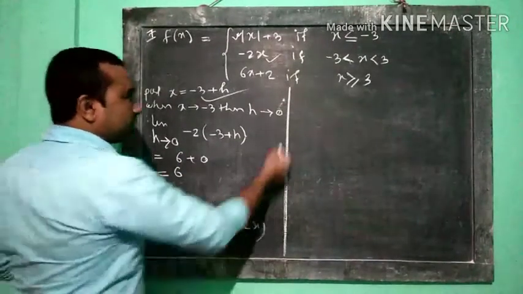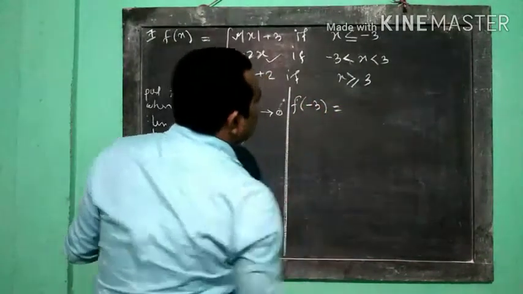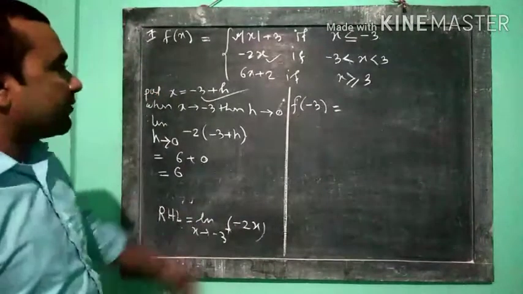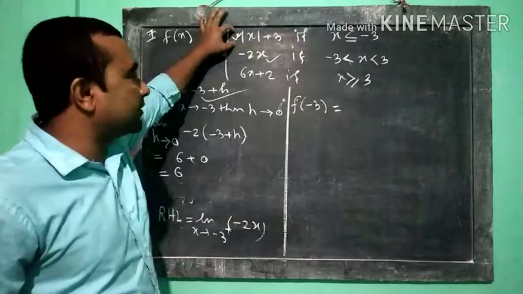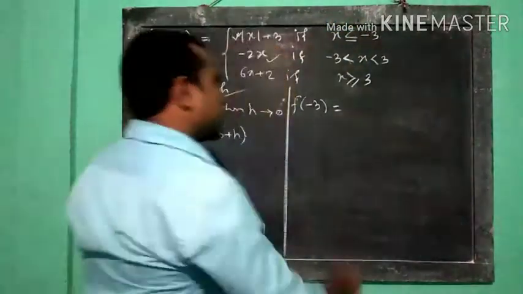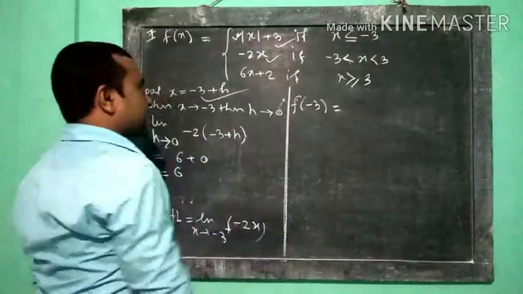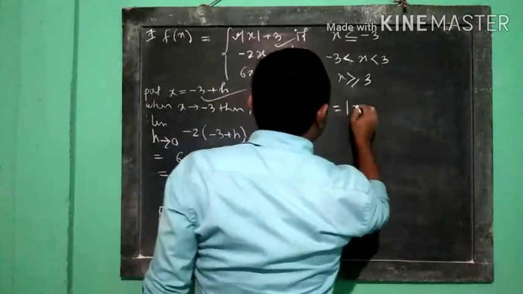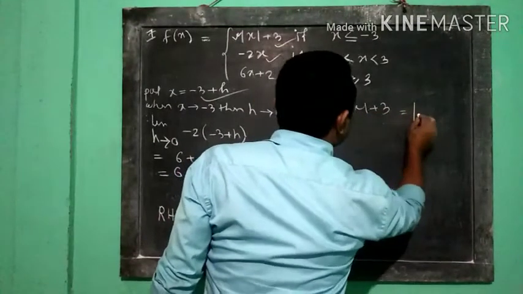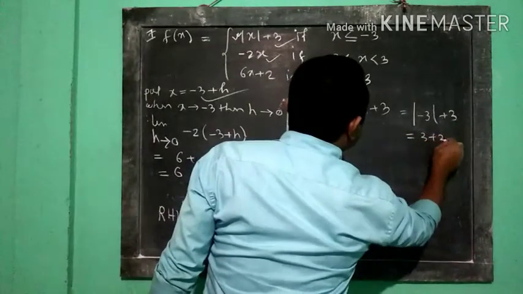Therefore, f of minus 3: here x is less than or equal to minus 3, so if x equals minus 3, it takes the value modulus of x plus 3. This is equal to modulus of minus 3 plus 3, which is 3 plus 3, equal to 6.